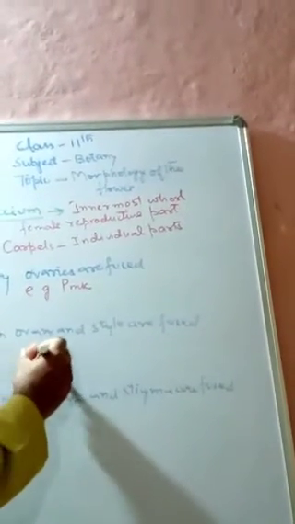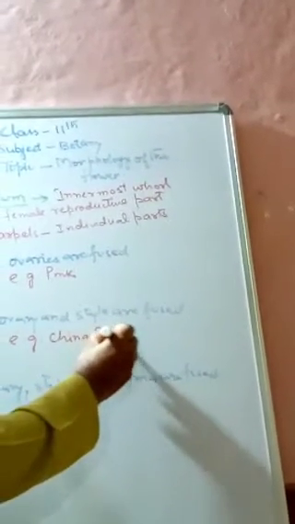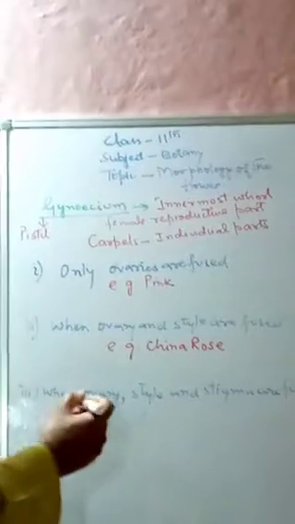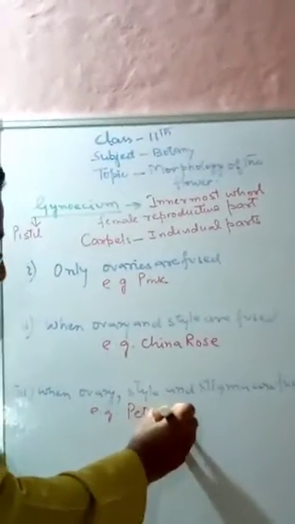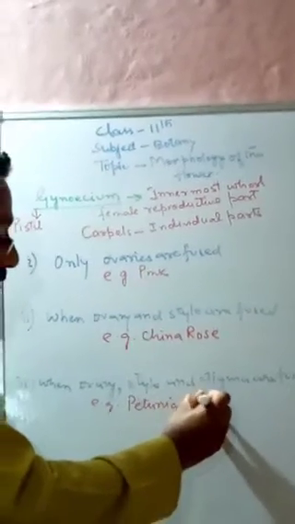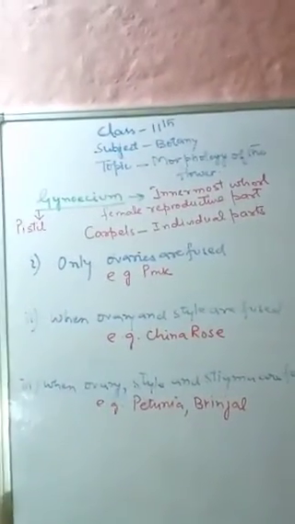When ovary and style are fused, for example China rose. When all three parts of the carpel are fused, we have petunia, brinjal, etc.